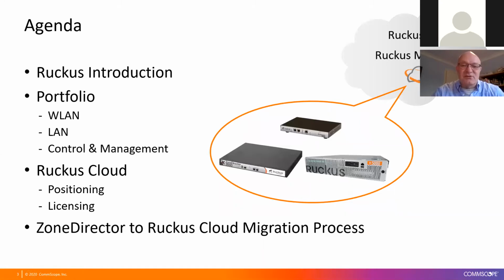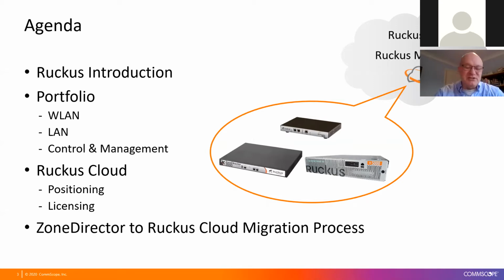Okay, so for those of you that aren't so familiar with RUCKUS, we're going to go through a brief RUCKUS Networks introduction, bring you up to date on that. And then we'll be looking at the portfolio and narrowing down specifically on cloud. In the portfolio, we'll be looking at the wireless products as well as the LAN switching products, the control and management, a brief reminder of those. And then we'll look specifically at cloud in terms of the topic of the day: how to get your customers towards cloud.